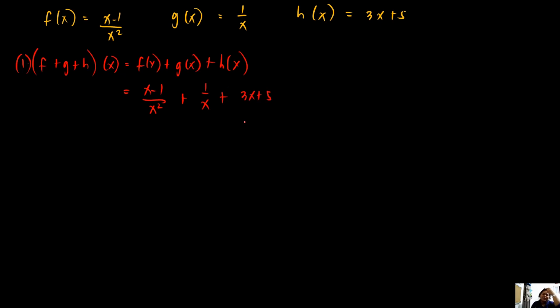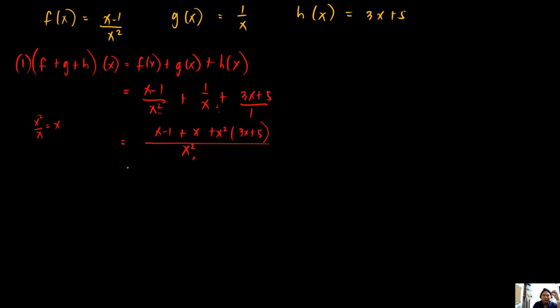Since kung napansin nyo class, no, lahat sila fractions. So, yung si 3x plus 5, i-over 1 na natin. Then, let's get the LCD since the LCD here is x squared. Okay? x squared. So, since same na sila ng denominator, so copy nyo na lang, plus x squared divided by x, we will have x, then x times 1 is x. x squared divided by 1, the answer is x squared times 3x plus 5.